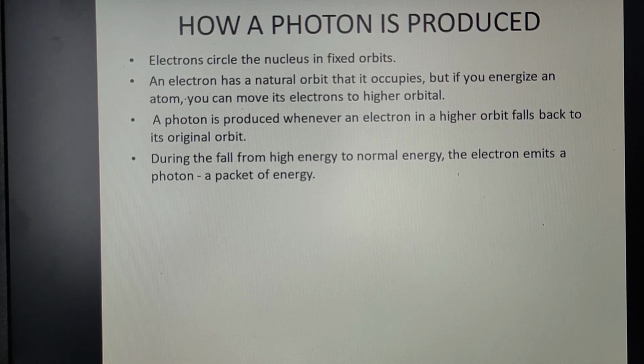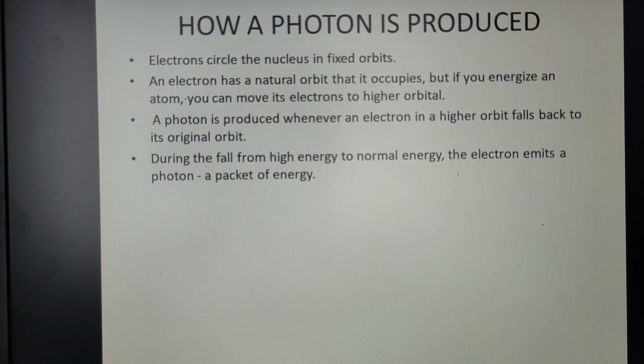That means if external energy is provided to an atom, it gives more energy to the electrons. Due to the gain in energy, they tend to move on to the next level, or a higher orbit of energy.